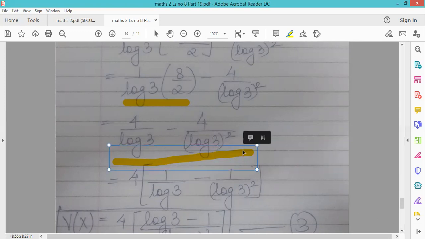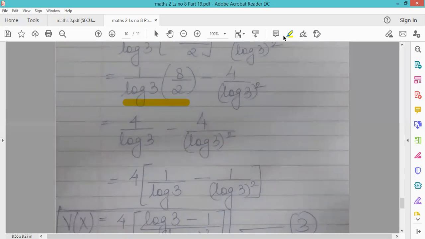Now the denominators are not the same. So we'll first make the denominators same by multiplying one more log 3 with the denominator, because the common denominator we need is log 3 the whole square. And what you're multiplying in the denominator will be multiplied in the numerator like this.